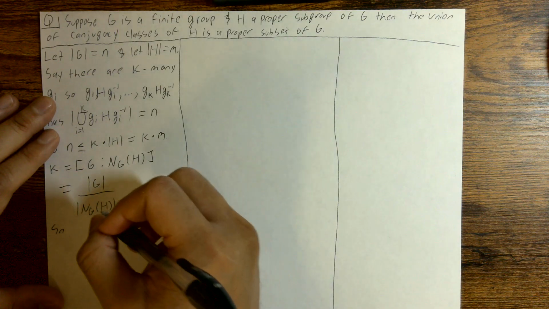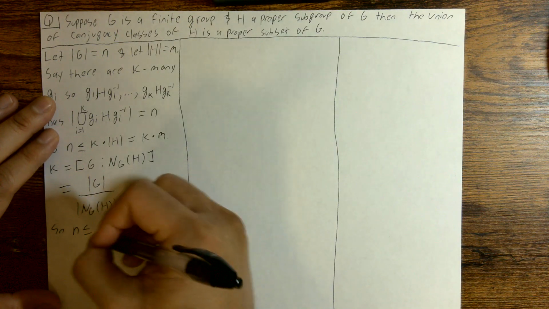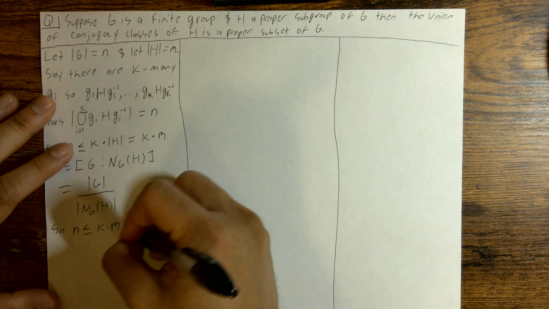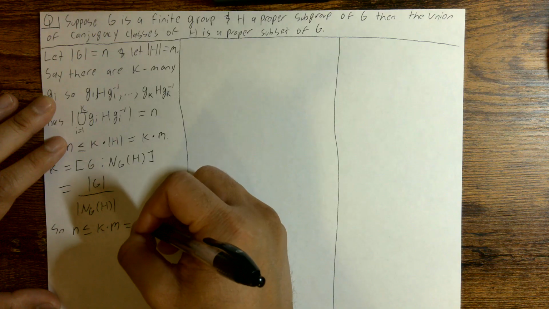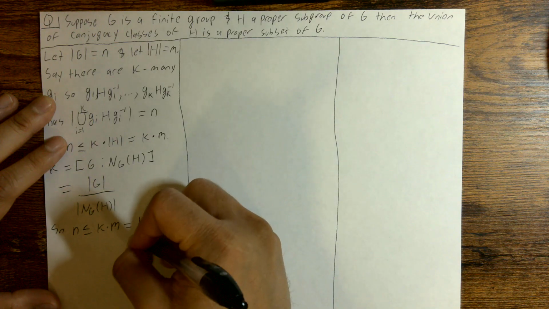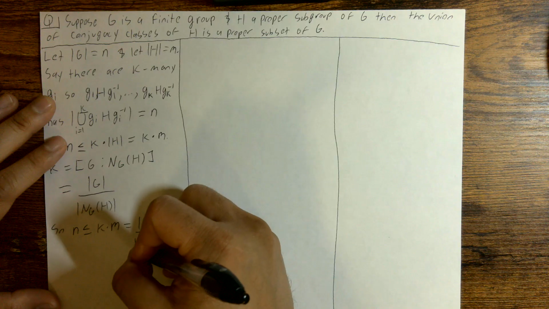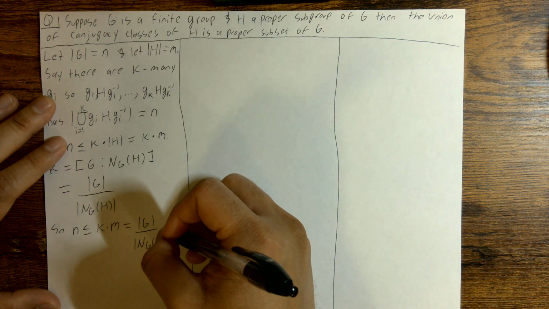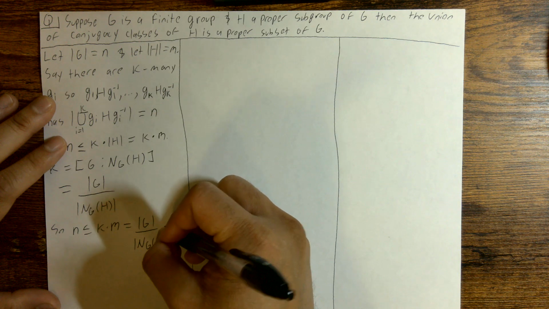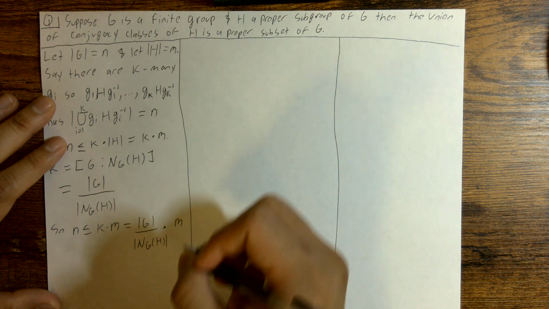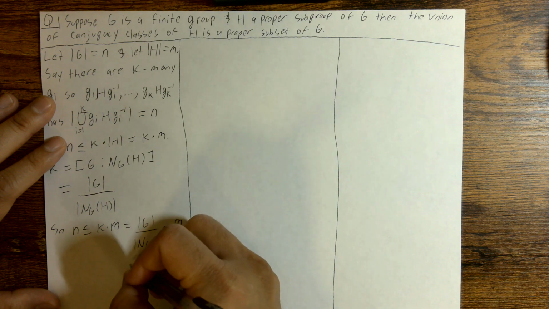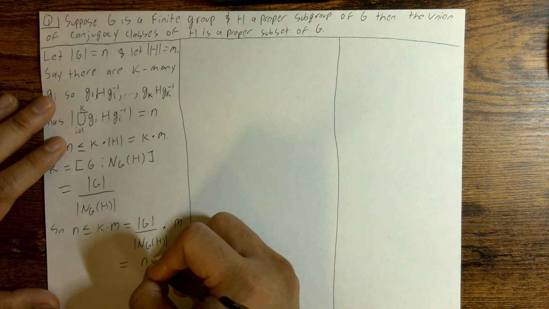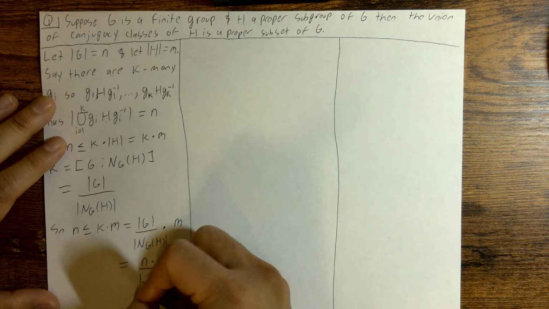So n is less than or equal to k times m, which is equal to the size of G divided by the size of the normalizer, times m, which is equal to n times m over the size of the normalizer.